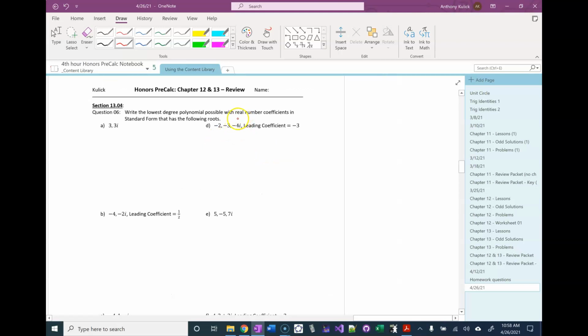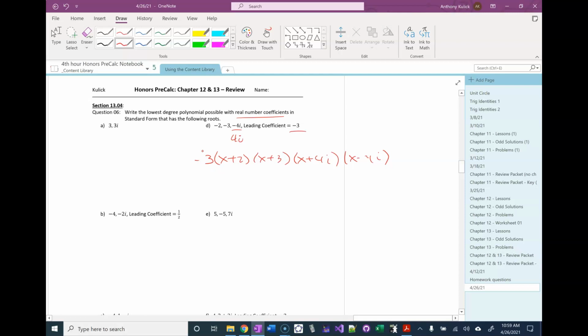Since I want real number coefficients, because I have an imaginary thing, I also have to have its conjugate. So 4i also needs to be on my list. So I'm going to have x plus 2, x plus 3, x plus 4i, and then x minus 4i. Okay with that? To have a leading coefficient of 3, I'm just going to multiply the whole thing by negative 3.